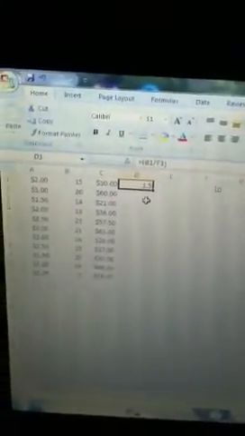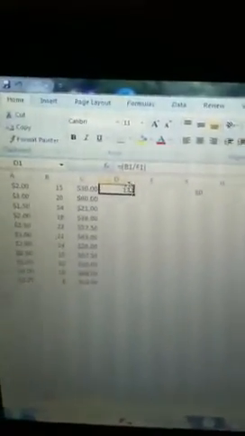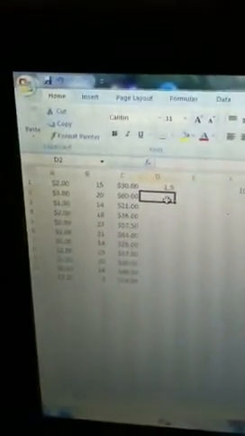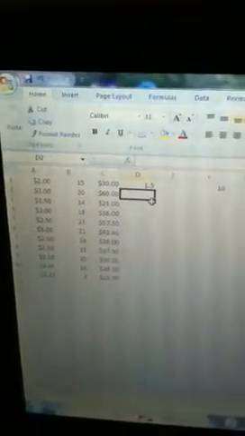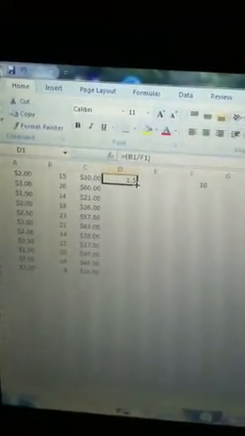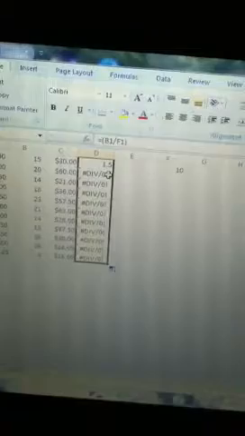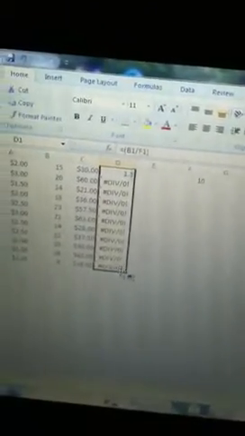So what I want you to do now is take a few minutes and try that with this cell. I want you to do it for pie number 2 and use that exact same formula. When you're done, you should be able to go down. Now notice, because of the 0, it says you can't divide by 0, so mine won't work.